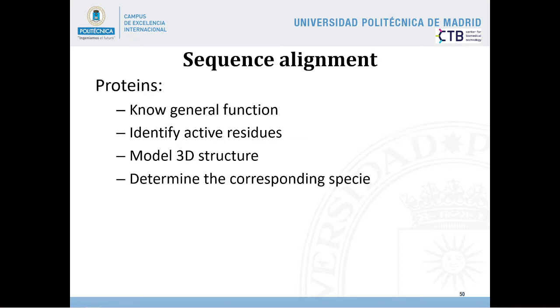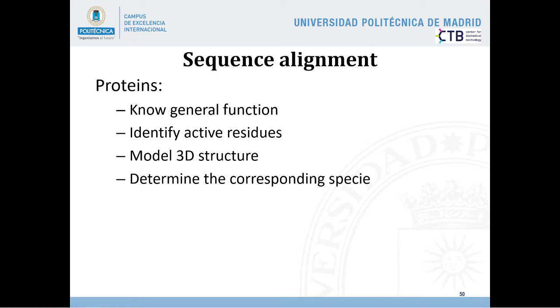Okay. In the case of proteins, we can use sequence alignment to know the general function of that protein. If a protein is very similar to another protein, it will be very probable that those proteins have some functions in common, okay?